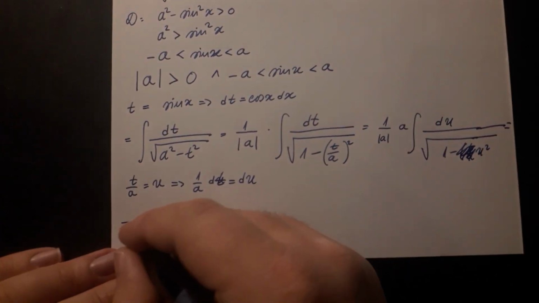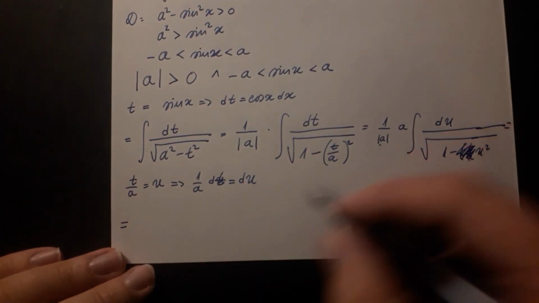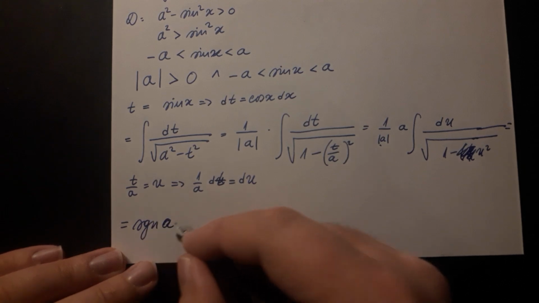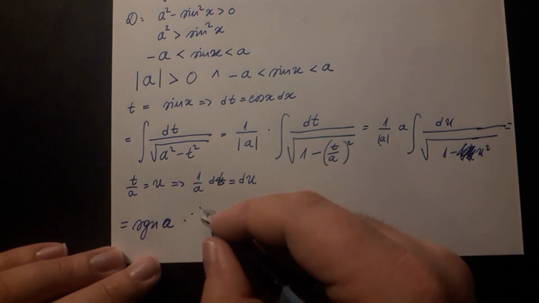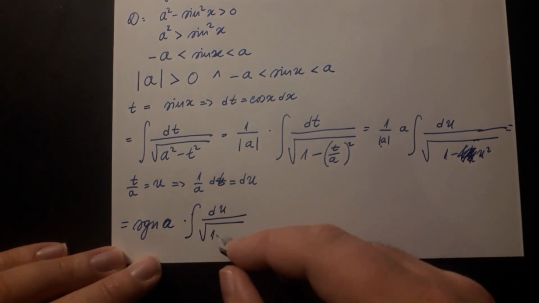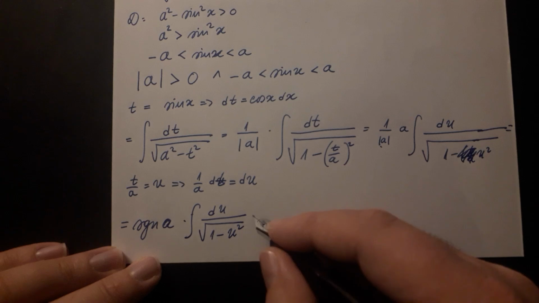This is then equal a over a under the absolute value is just signum of a times an integral of du divided by a square root of 1 minus u squared.